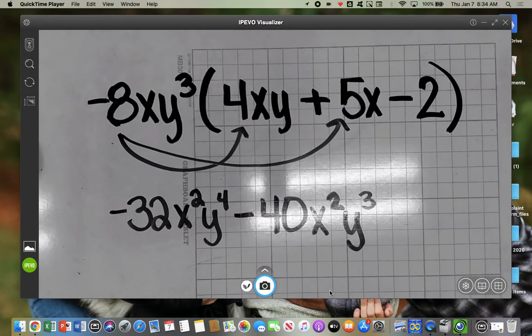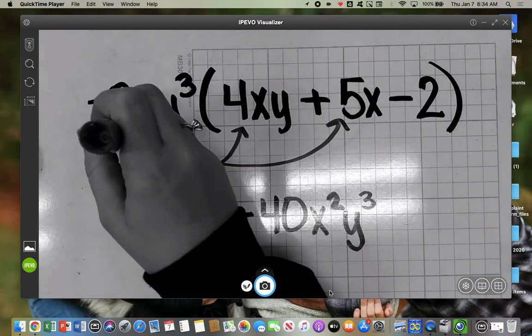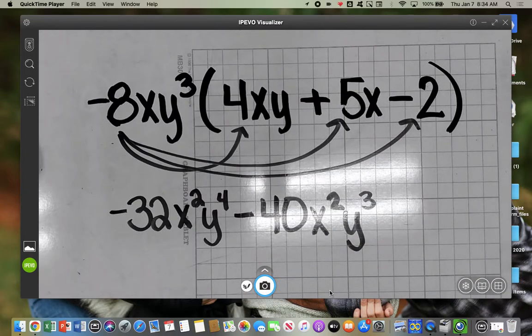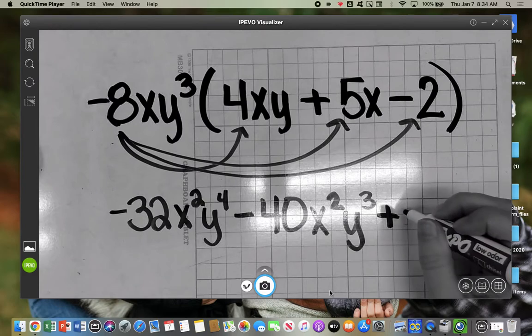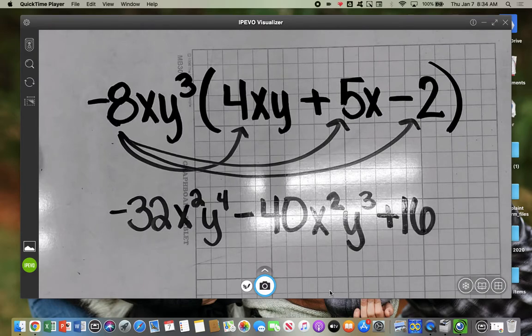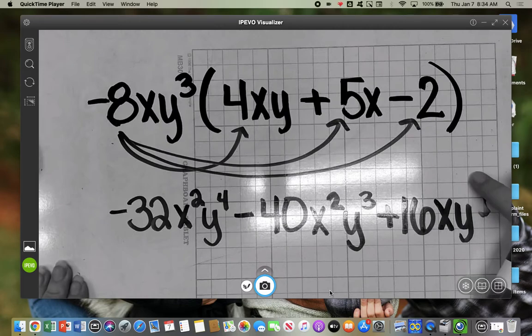And then the last part, I have a negative 8 times a negative 2, so what's my coefficient going to be? A positive what? 16. And then the xy cubed just comes down because there's no other powers, and make sure that your 3 actually looks like a 3 and not whatever I just wrote. And there we go.